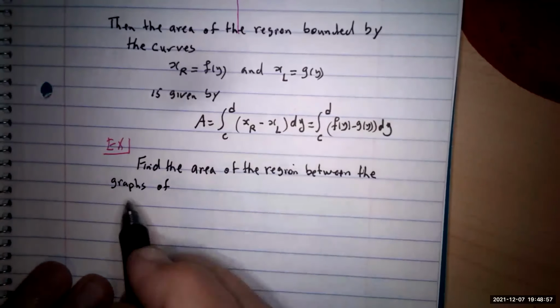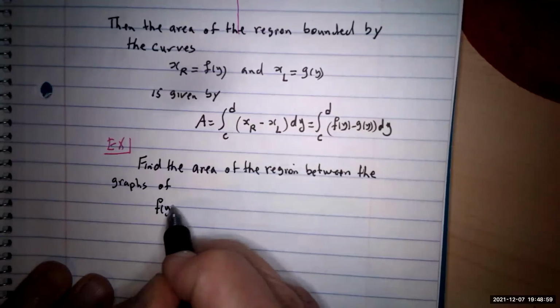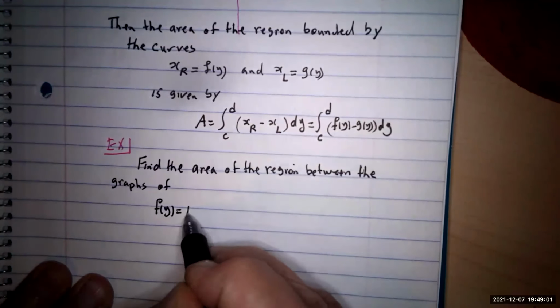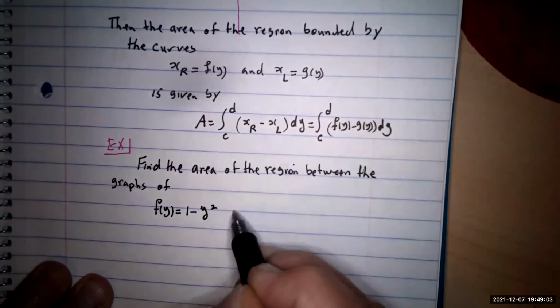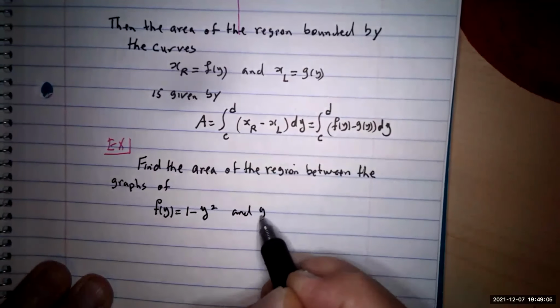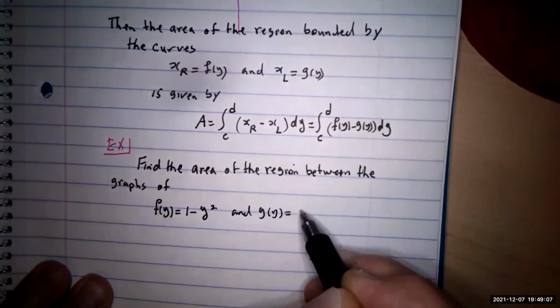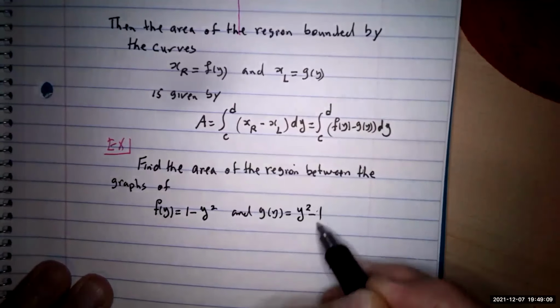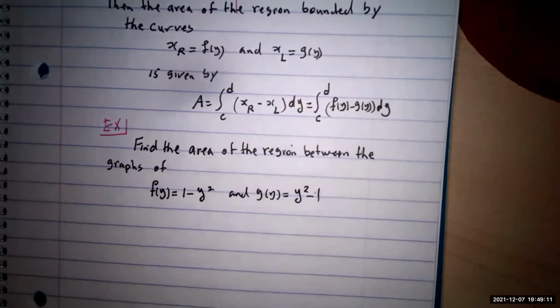Two graphs. This one is f of y equal to 1 minus y squared, and g of y equal to y squared minus 1. Again, two parabolas, but the direction is different.